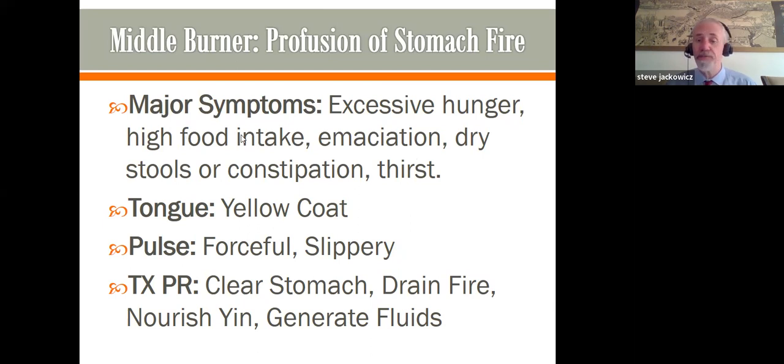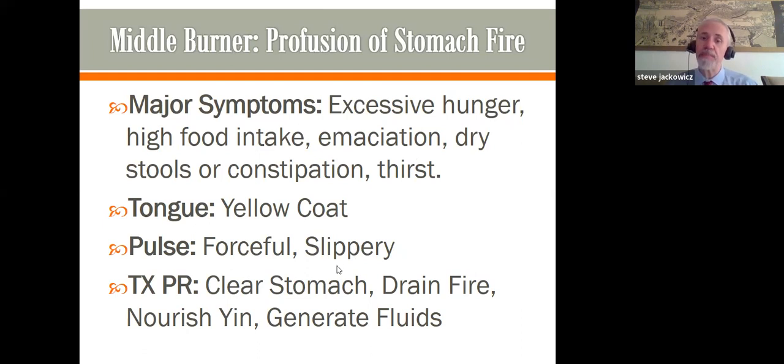High food intake, even though they eat a lot, they're emaciated. Diabetics get skinny unless they get medication. They get skinnier. Dry stools or constipation, because that middle dries the fluids. And they also have thirst, right? They'll also eventually have frequent urination. Tongue's yellow coat, forceful pulse, or slippery, showing the middle burner problem.